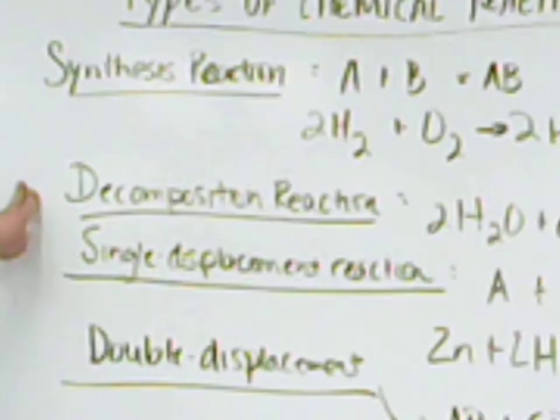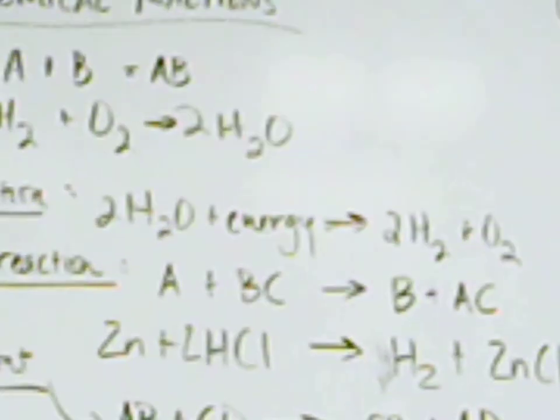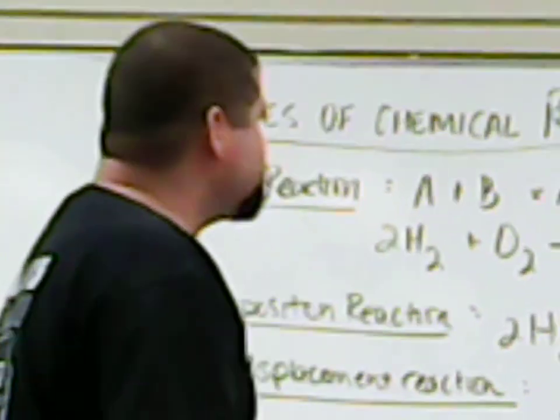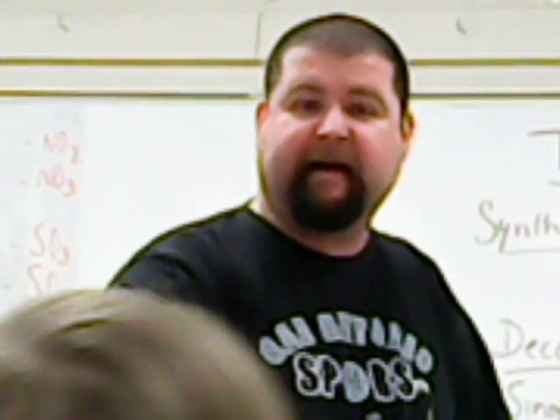You have a synthesis reaction, a decomposition reaction, a single displacement reaction, and a double displacement reaction. Further, we gave an example of a combustion reaction, which is really just an example of the first, a synthesis reaction.